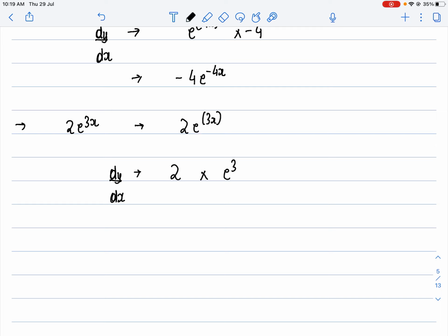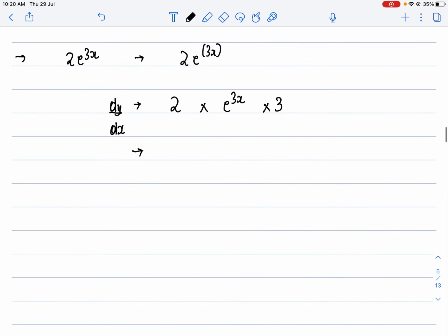So I write e raised to 3x multiplied by the differentiation of the bracket, 3x, which is 3. So I can simply write this as 2 into 3, which is 6. So I write 6 e raised to 3x.